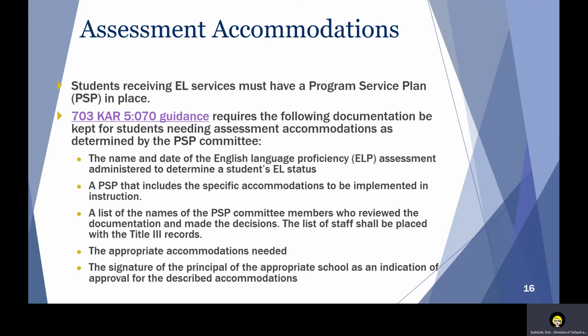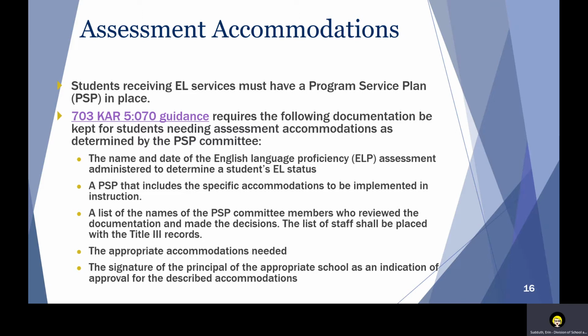Assessment accommodations. Students receiving EL services must have a program service plan, or PSP, in place. 703 KAR 5:070 guidance requires the following documentation be kept for students needing assessment accommodations as determined by the PSP committee: the name and date of the English language proficiency, or ELP, assessment administered to determine a student's EL status; a PSP that includes the specific accommodations to be implemented in instruction; a list of the names of the PSP committee members who reviewed the documentation and made the decisions.